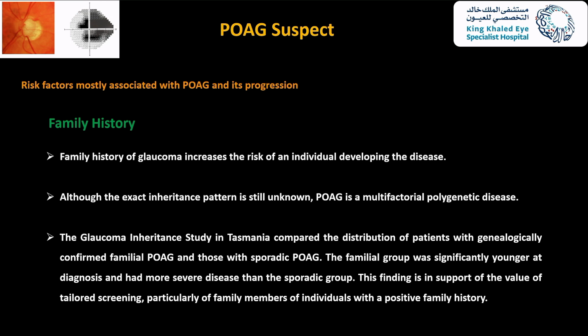They found the familial group usually have the disease at a younger age and more severe disease than the sporadic group. This finding supports the value of screening, especially if there are family members who have the disease.